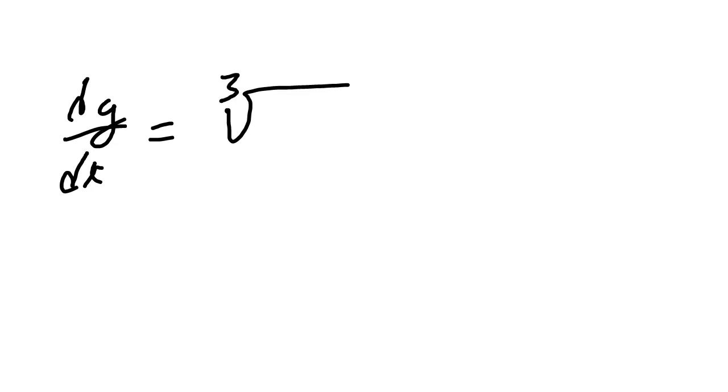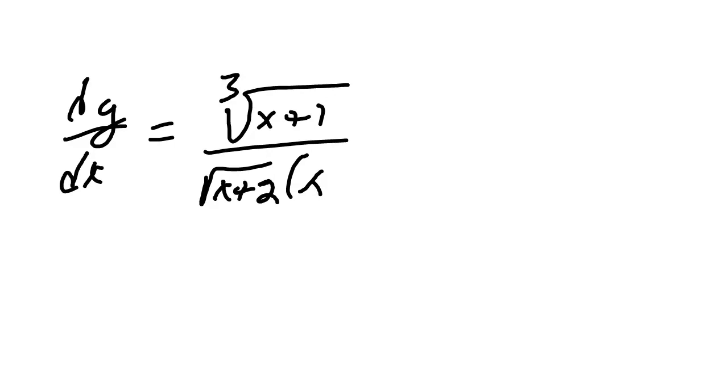So let me get a new screen here. And then, so that implies that dy dx then is y. What was y? Y was the original problem, which was the cubed root of x plus 1 over square root of x plus 2 times x plus 3. That was y.